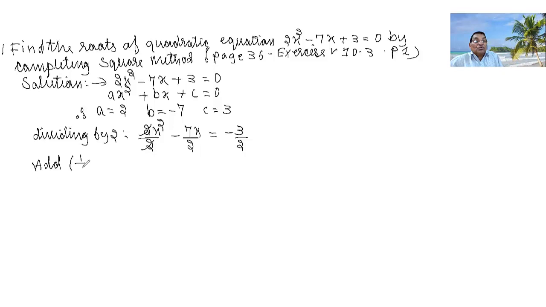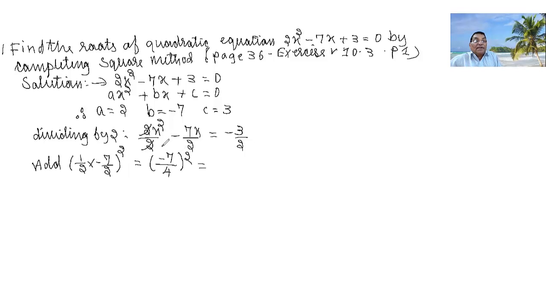And add the square of half into the coefficient of x. The coefficient of x is minus 7 upon 2, so half of it is minus 7 upon 4, bracket square.